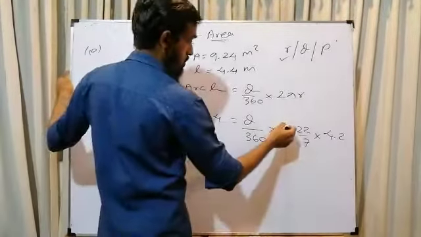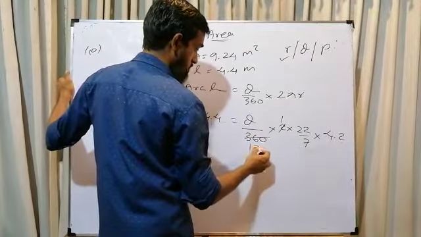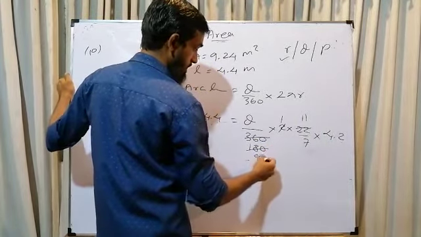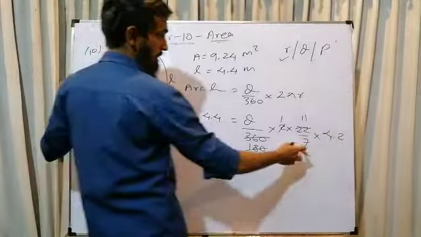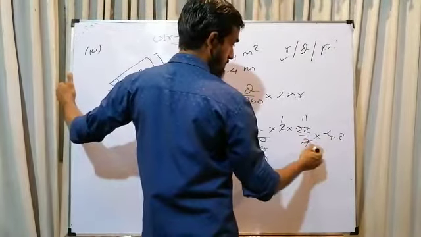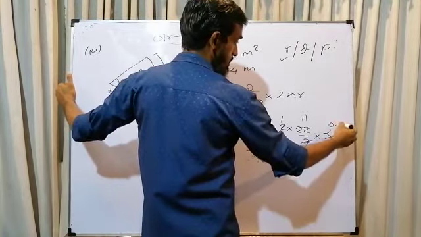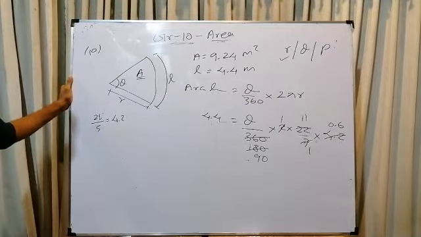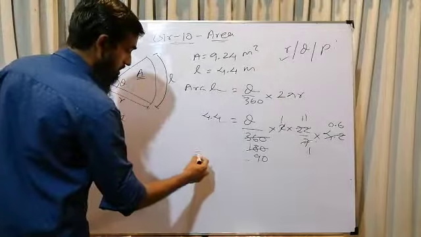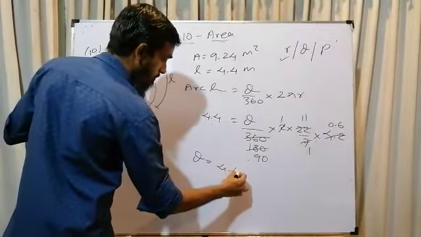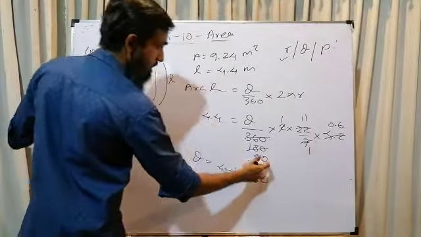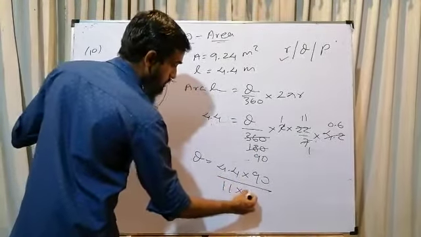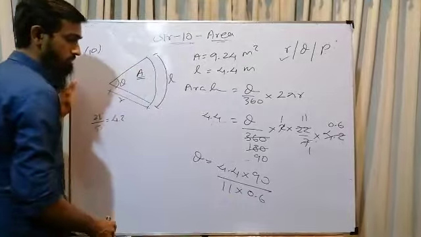Okay, 2 times 1, 2 times 180, 2 times 11, 2 times 90. 742 we can divide. 7 times 6 is 42, so 0.6. So we can subject the theta. 4.4 into 90, cross multiply over 11 into 0.6.